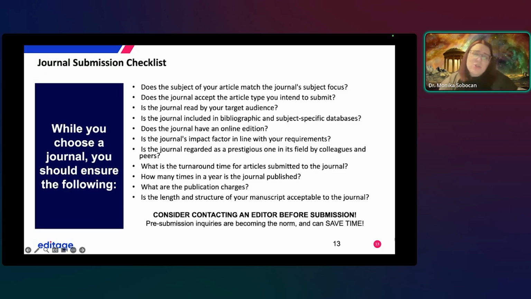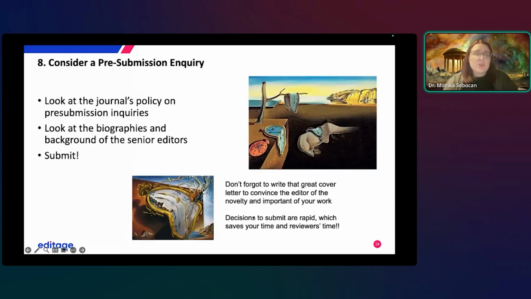And then consider sometimes contacting the editor before submission. This will save you a lot of time if you are unsure if the submission fits your specific topic and the topic of the journal.